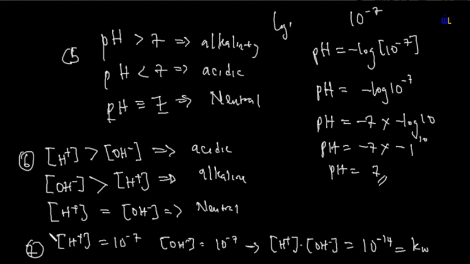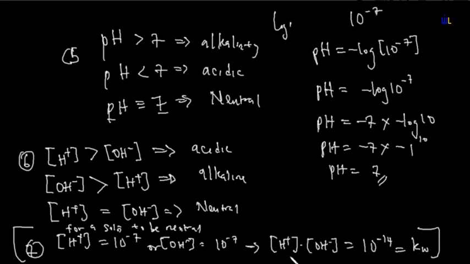Okay, so before you write it, just write for a solution to be neutral, the concentration of this equals this, therefore this times this will give this. And so put that down. For a solution to be neutral, then you write this.